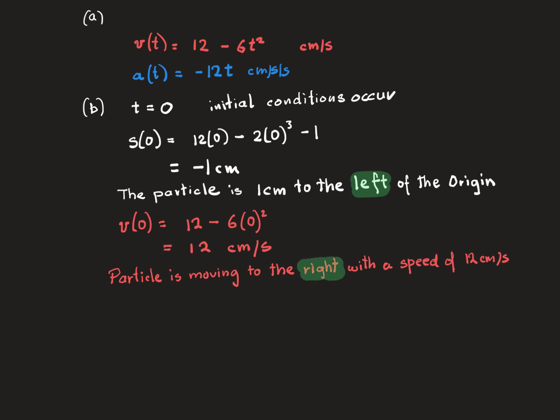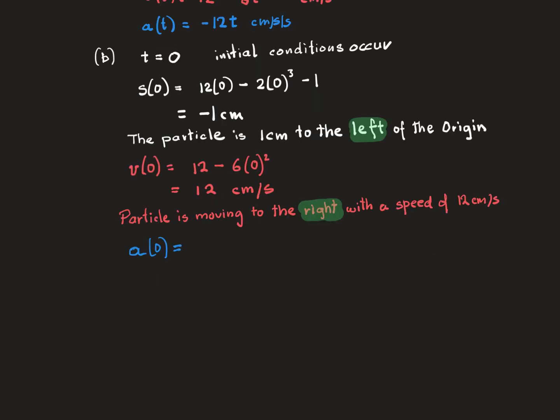It's really important. So now we can have a look at the next step, which is the acceleration. So the acceleration will be minus 12, and we substitute for 0. We will just get 0 centimeters per second squared, which means that there is no acceleration.